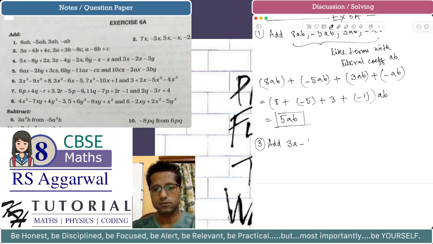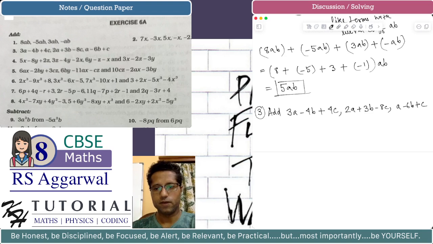The first algebraic expression is 3a minus 4b plus 4c.